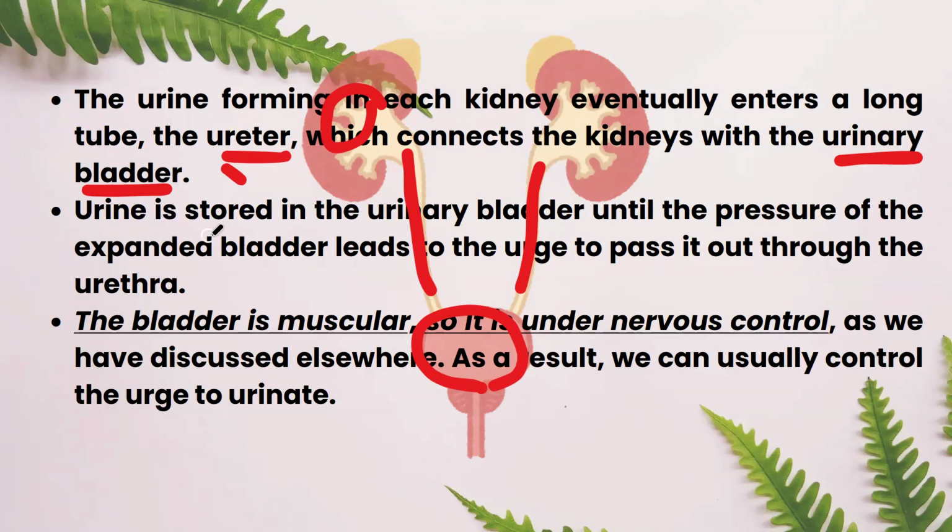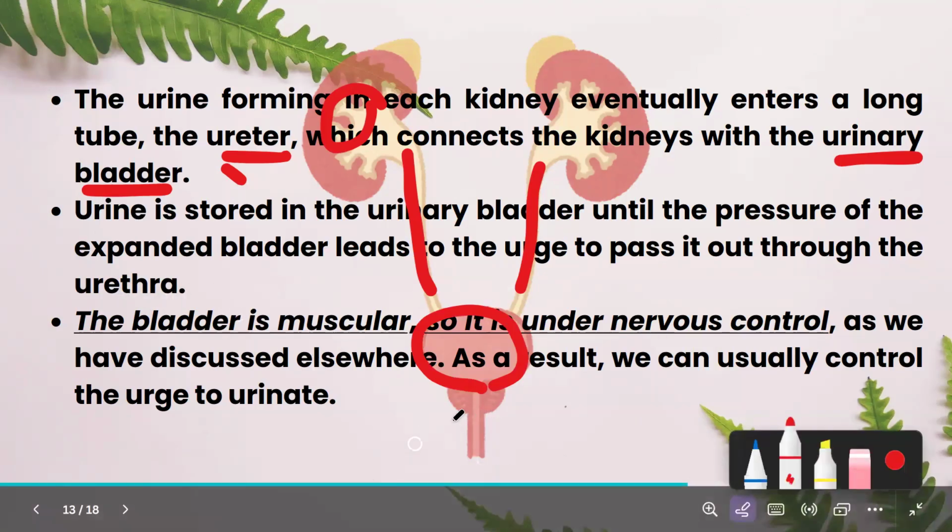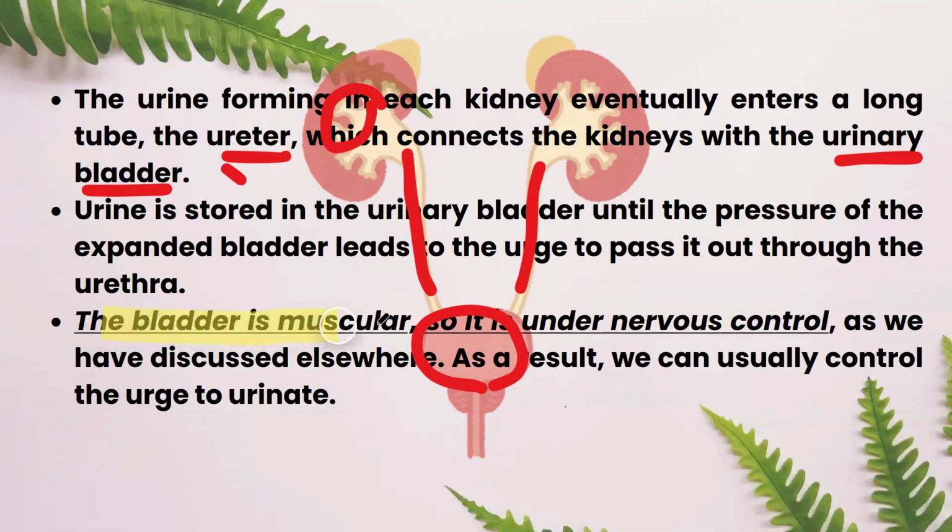So the urine is stored in the urinary bladder until the pressure of the expanded bladder leads to the urge to pass it out through the urethra. Means the urethra is just the passage through which we pass the urine. And here you have to remember one more key point. The urinary bladder is muscular, so it is under nervous control.